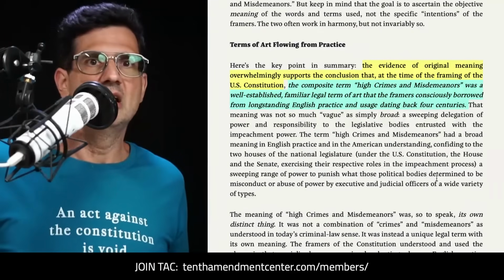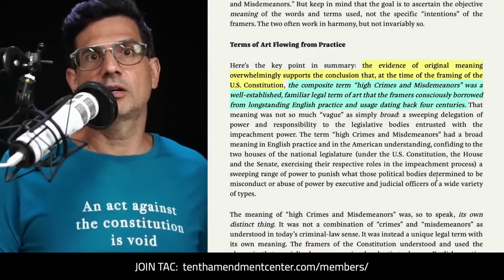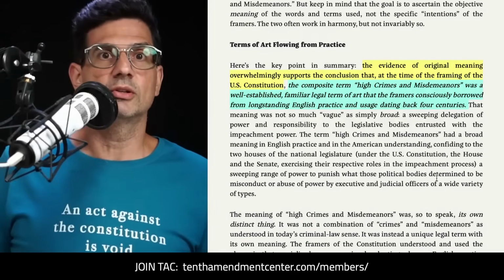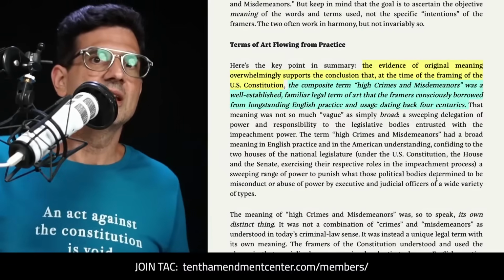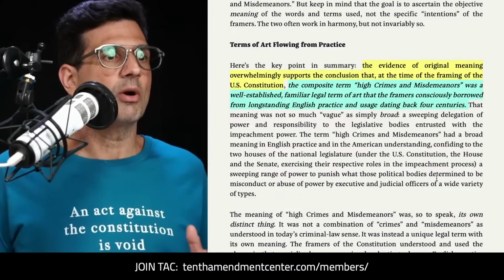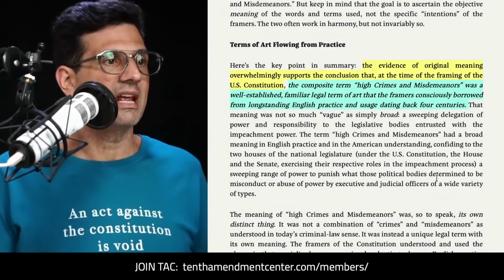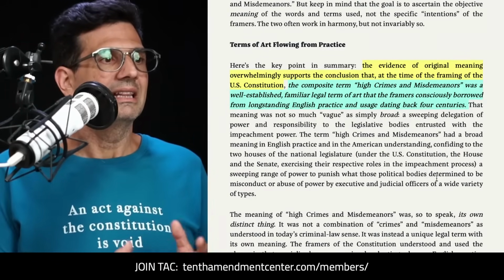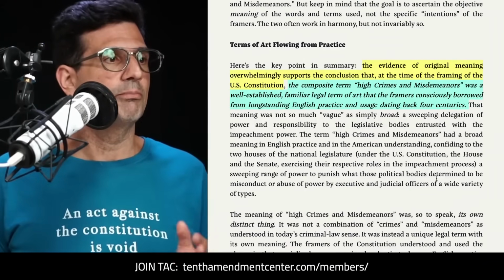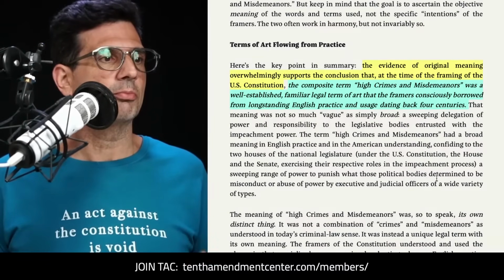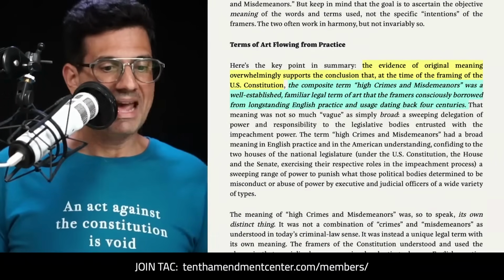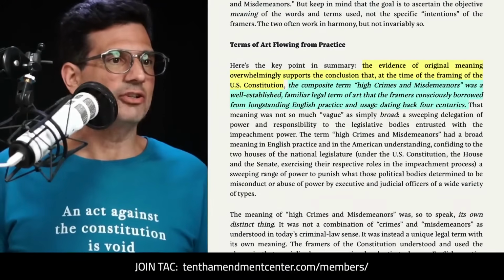They were familiar with it. It wasn't just some weird text from an old book that maybe we heard a line about in grade school. The framers, and the general public probably, were pretty familiar with this as well. The composite term high crimes and misdemeanors was a well-established, familiar legal term of art that the framers consciously and very intentionally borrowed from long-standing English practice and usage dating back 4 centuries.